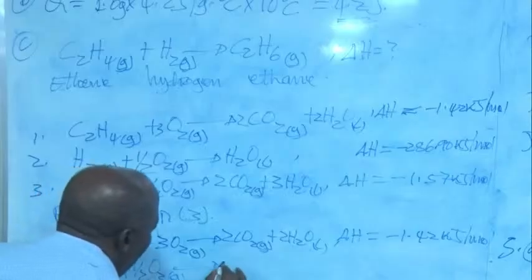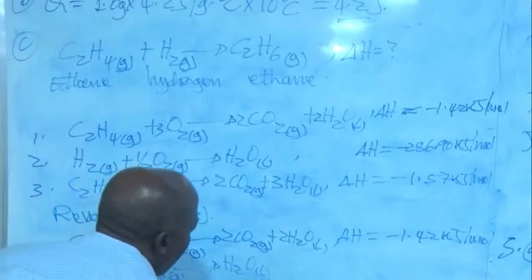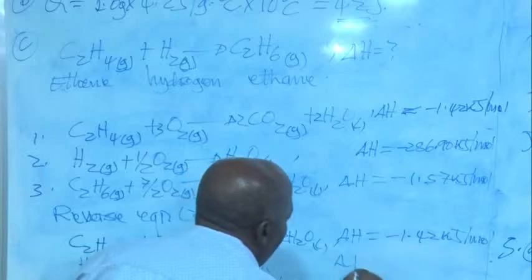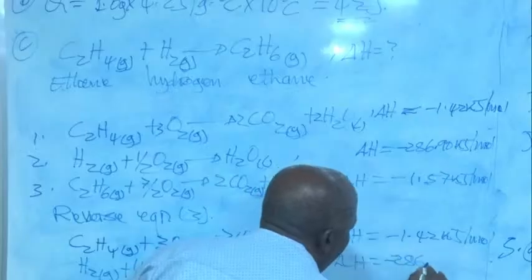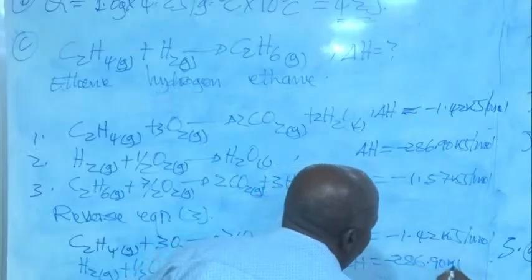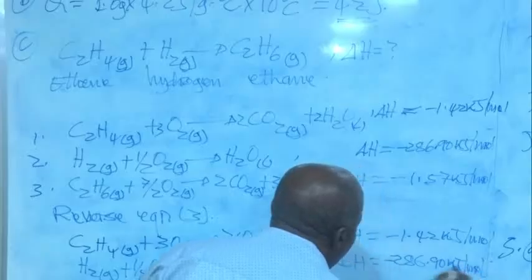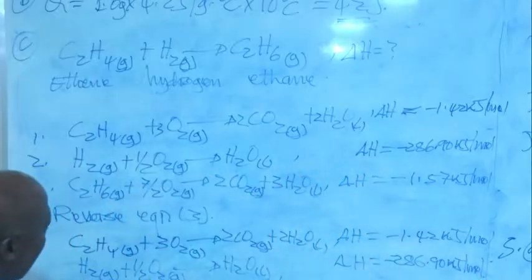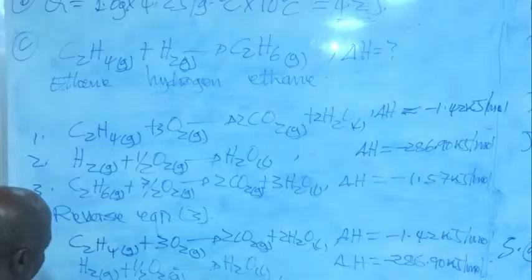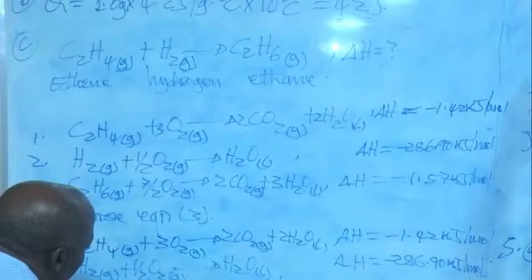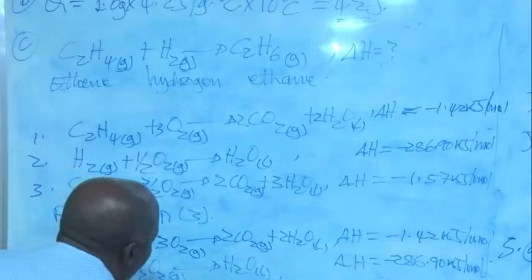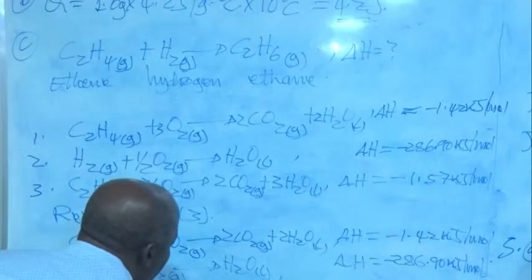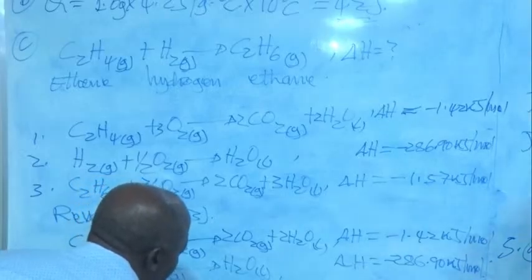Then you get 1 mole of water. That enthalpy change is minus 286.90 kilojoules per mole of hydrogen combusted. And the last one is 2 carbon dioxide gas plus 3 water molecules. Then you get 1 mole of ethane gas.